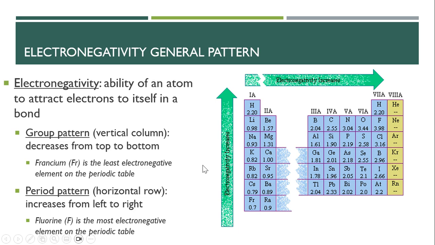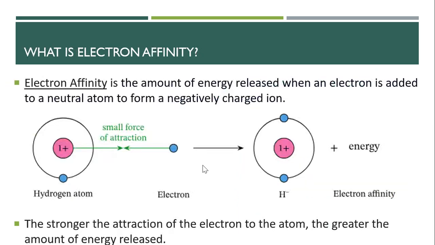Then the last pattern to worry about is the electron affinity. So ionization energy is the ability to pluck off an electron from an atom. Electron affinity is the opposite: if I were to add an electron to an atom, the electron goes from being free to being a part of an atom, and when it does that, some energy is going to be released.